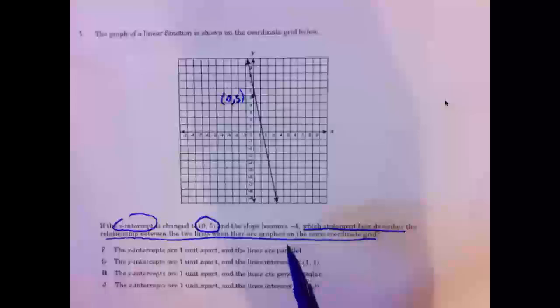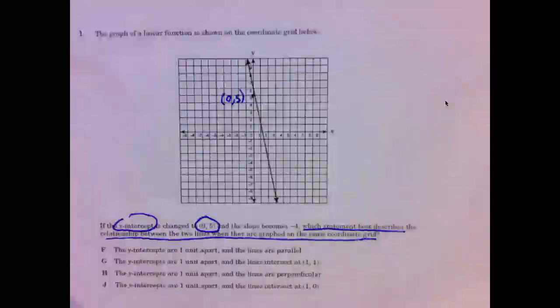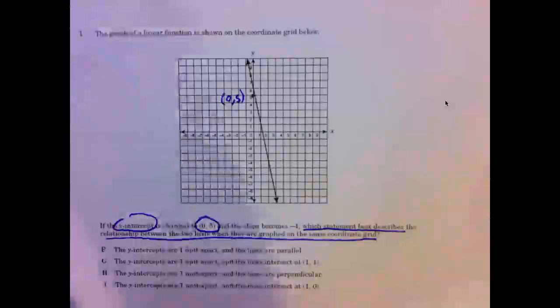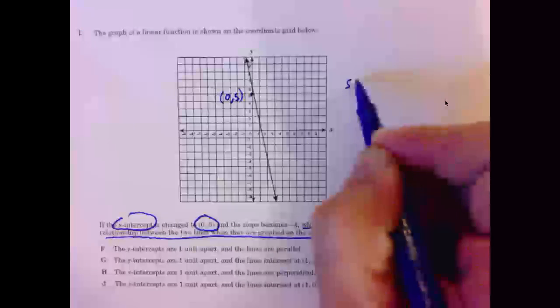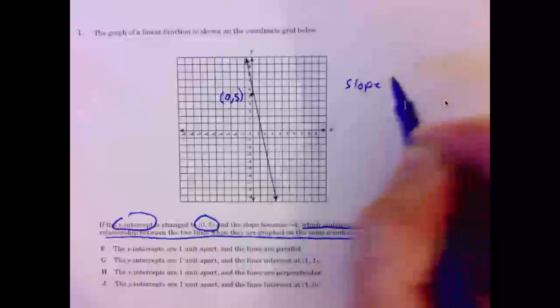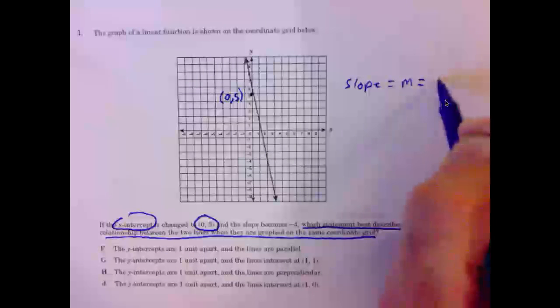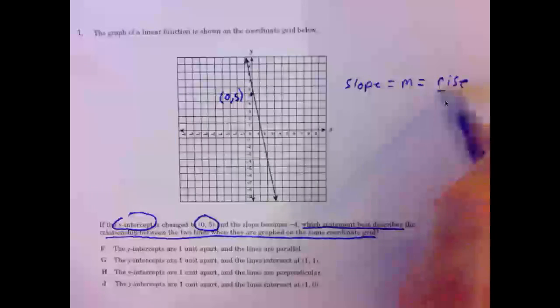Well, slope. We've discussed already that slope has a number of meanings for us. One way we think about slope, we use the letter M to designate slope, is rise over run.